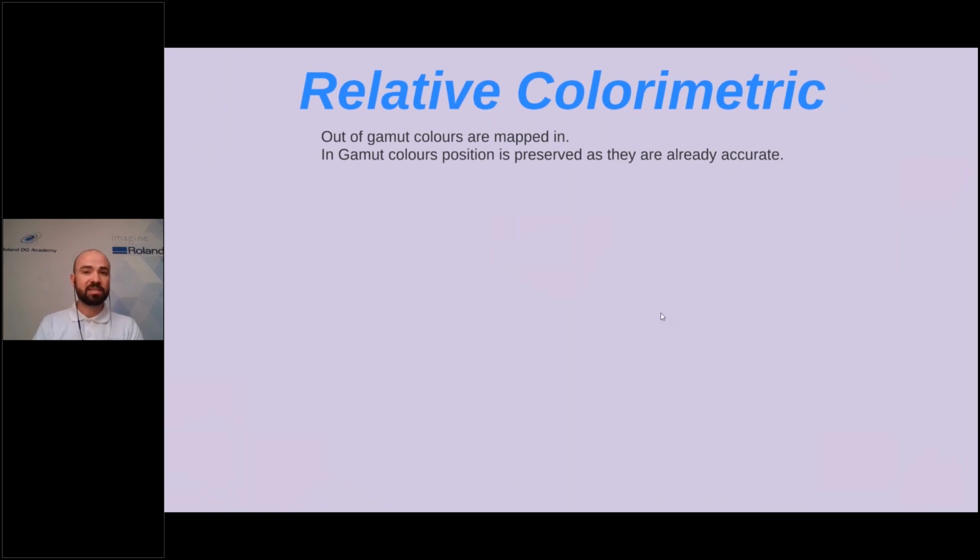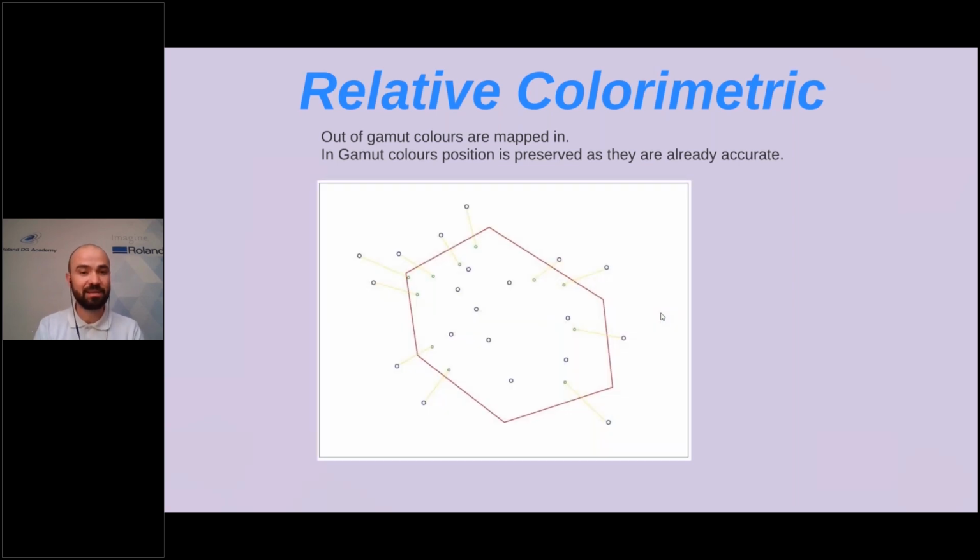Next, we'll look at relative colorimetric. Out of gamut colors are mapped in. Again, if we look at this diagram, same as the previous option, all of these colors that are out of gamut are moved in gamut. But in this option, all the ones that were previously inside gamut are preserved in their same location.